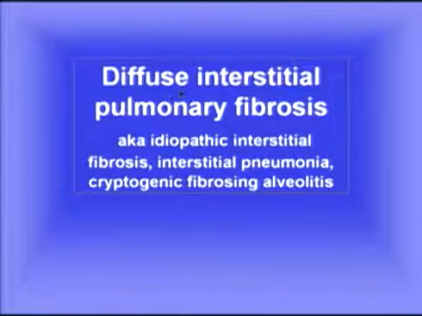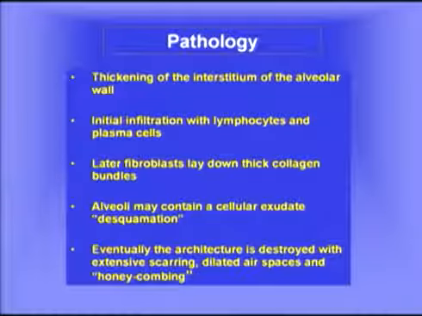Actually, you'll hear the term idiopathic quite frequently. Interstitial pneumonia and cryptogenic fibrosing alveolitis. But actually, diffuse interstitial pulmonary fibrosis is a term that's frequently used, and it's the one we're going to concentrate on. And let's look at the pathology of this particular disease.